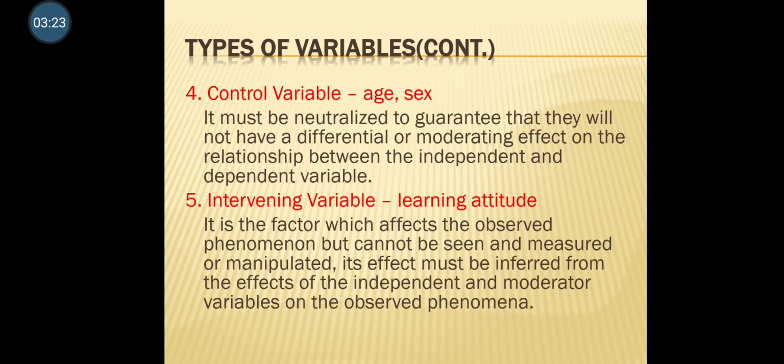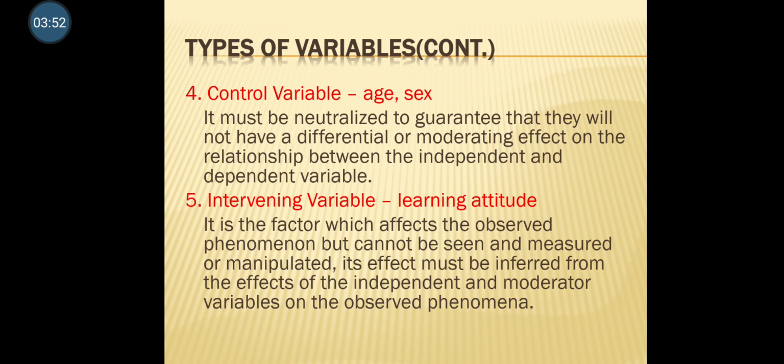Here the researcher is going to get the result of the effect of independent variable on the dependent variable. That is, he is going to calculate the effect of IQ on the achievement. So he has to neutralize some of the variables, that is age or gender.